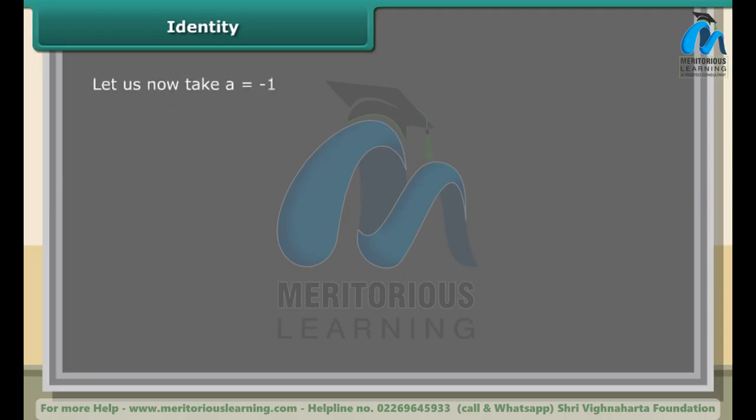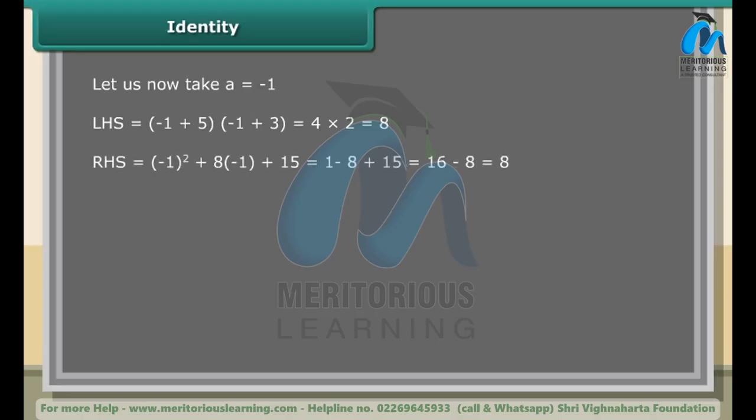Let us now take a as minus 1. LHS is equal to (minus 1 plus 5) into (minus 1 plus 3) is equal to 4 into 2 is equal to 8. RHS is equal to minus 1 squared plus 8 into minus 1 plus 15 is equal to 1 minus 8 plus 15 is equal to 16 minus 8 is equal to 8.